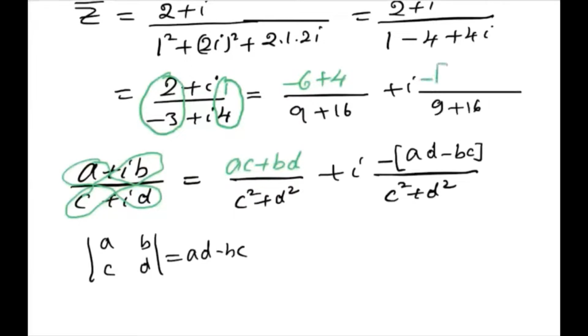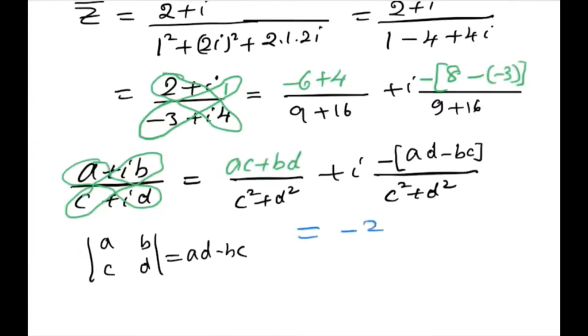Imaginary part, minus of, now you take the product of these two. 2 into 4, that is 8, minus product of minus 3 into 1, minus 3, that becomes plus 3. So finally you get the answer as minus 2 upon 25 minus i 11 by 25.